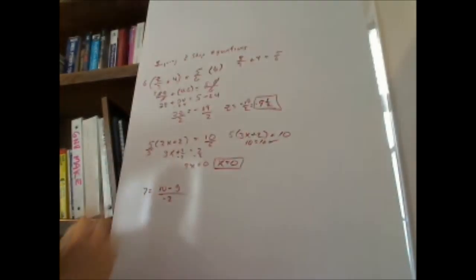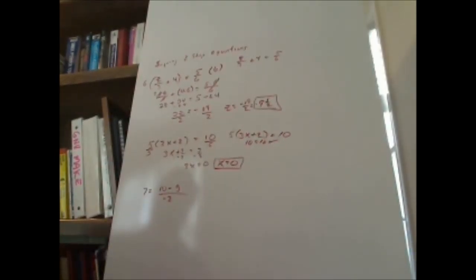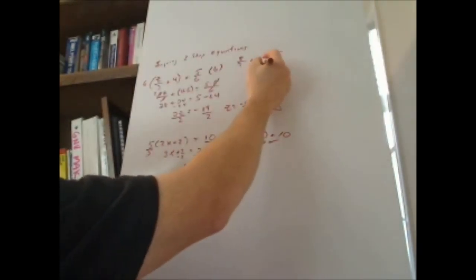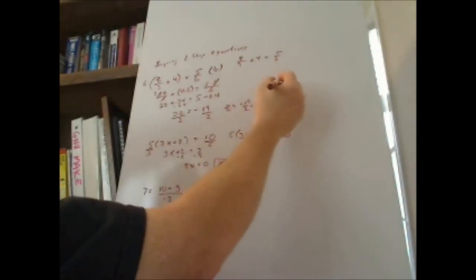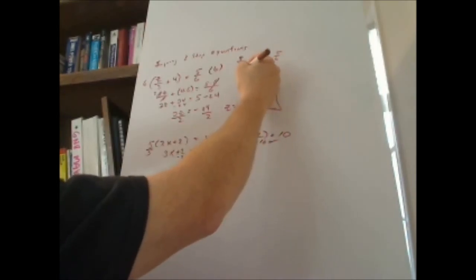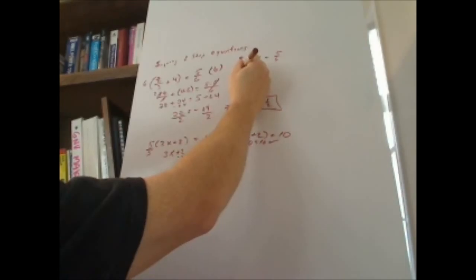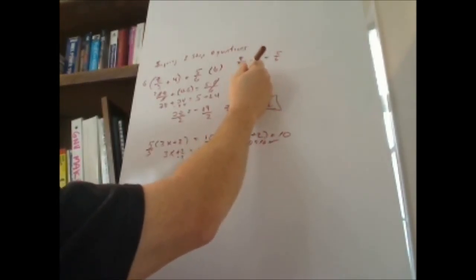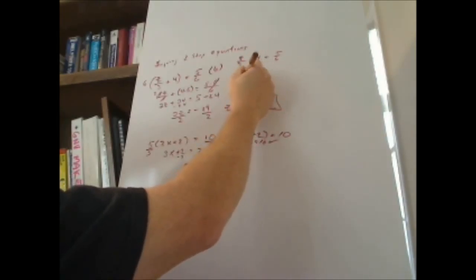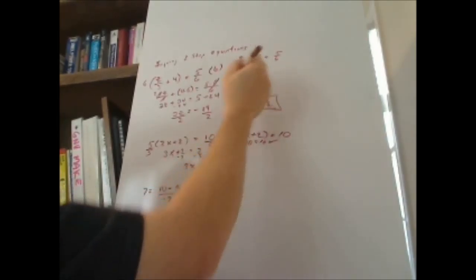Okay, well, this is still a tough one to do, but let's try. If z is minus 9 and a half, which is minus 19 over 2, so we got minus 19 over 2, over 3.